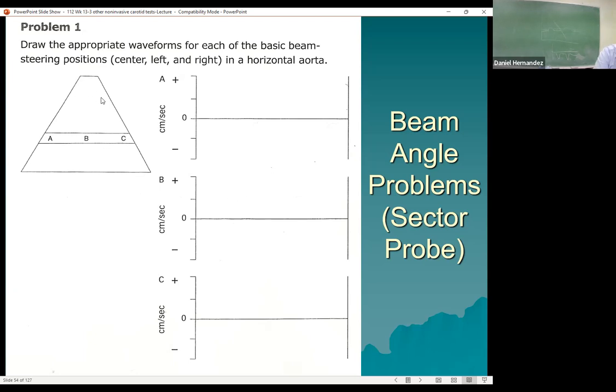If we're angling to the left, I'm sorry, patient left, C would give us a negative Doppler shift. And if we're angling to the right, that's going to give us a positive Doppler shift. So we'll have a waveform above the baseline for A, no shift for B, and then a negative shift for C.